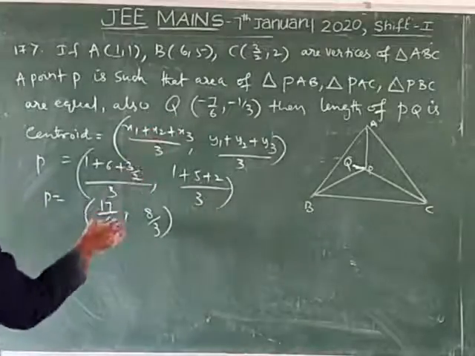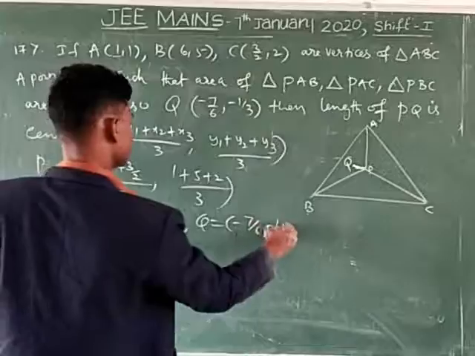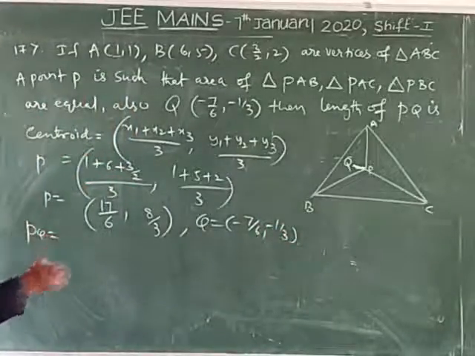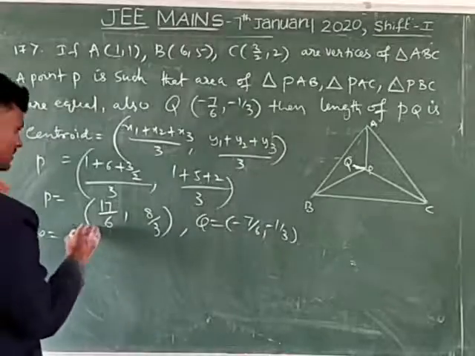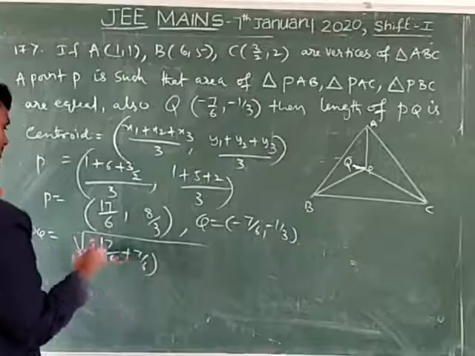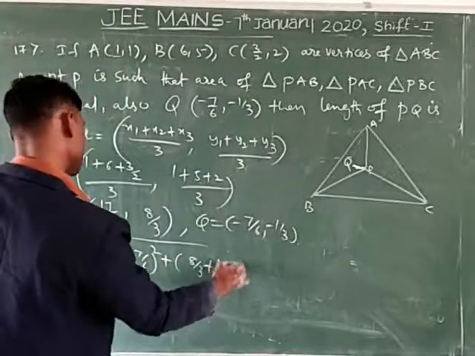Next, this is Q. Q is given as minus 7 by 6 and minus 1 by 3. Now you have to find the length of PQ. PQ is equal to under root of (x2 minus x1) whole square plus (y2 minus y1) whole square. That is (17 by 6 plus 7 by 6) whole square plus (8 by 3 plus 1 by 3) whole square.